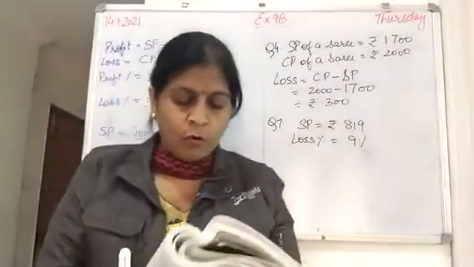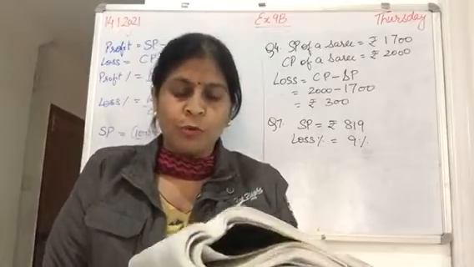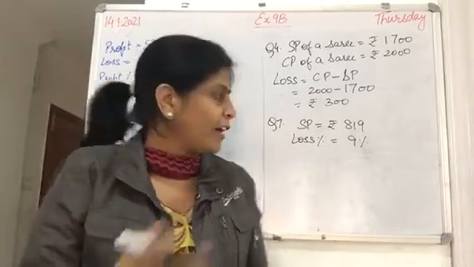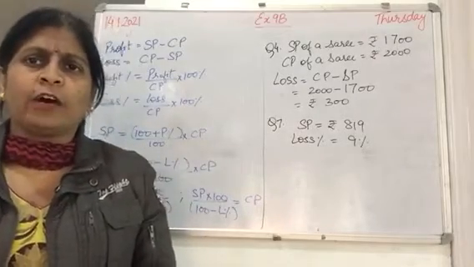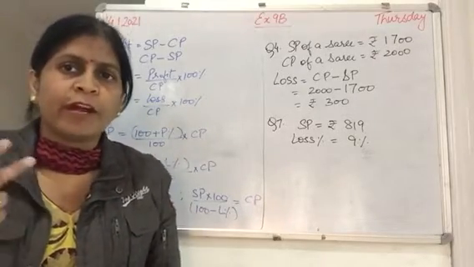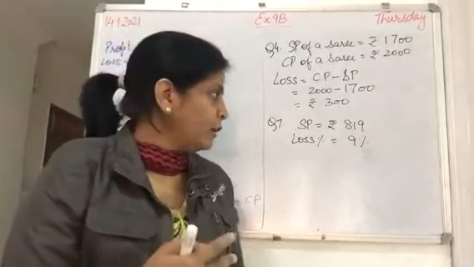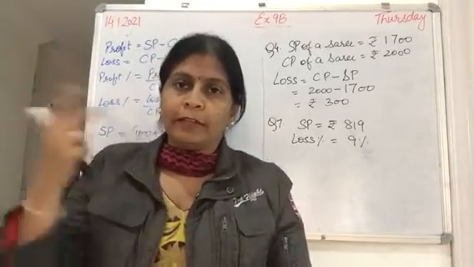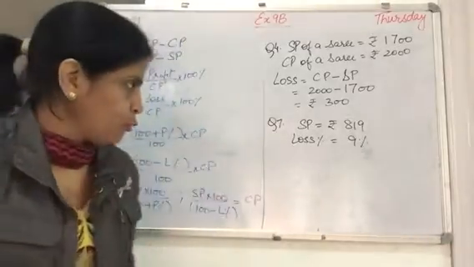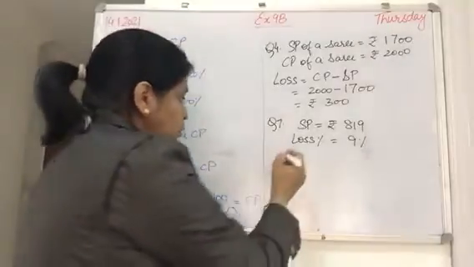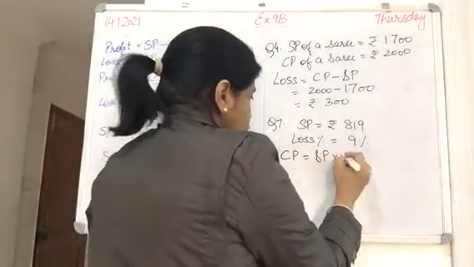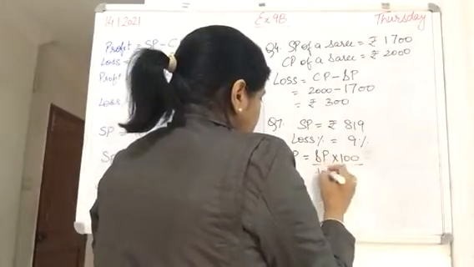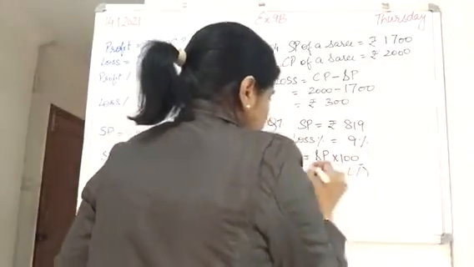Now, at what price should he sell? So first we find out the cost price. Whenever two things are given to you, find out the third one. And when you find out the third one, then you go for the further solution. So cost price equals SP into 100 upon 100 minus loss percent.